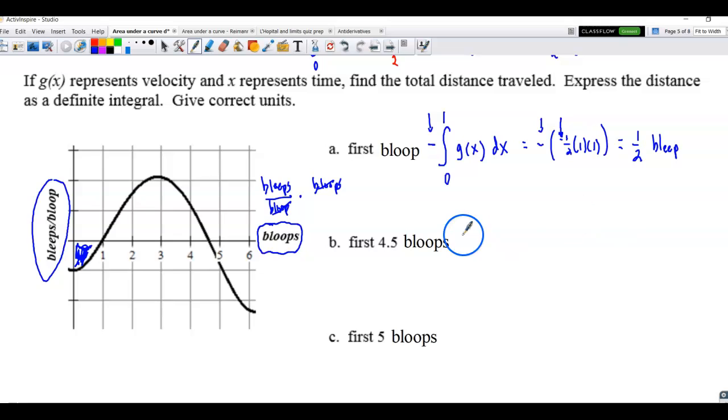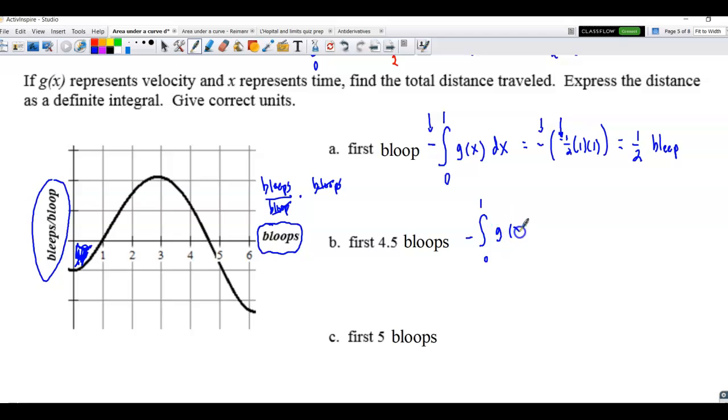All right, now we're going to go during the first 4.5 bloops. So we're going to start with what we did before. We're going to negate the region from 0 to 1. That was negative area. Beginning with 1, the graph goes positive. Let's finish writing that up before I change colors.